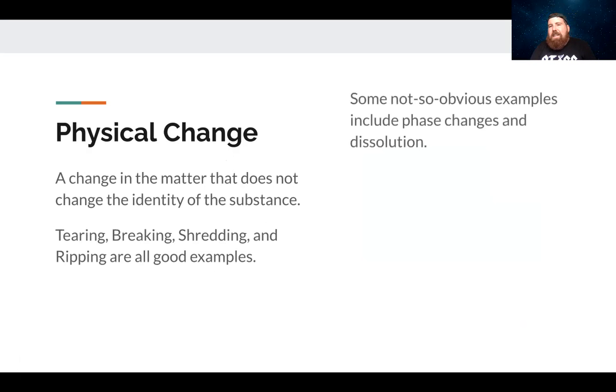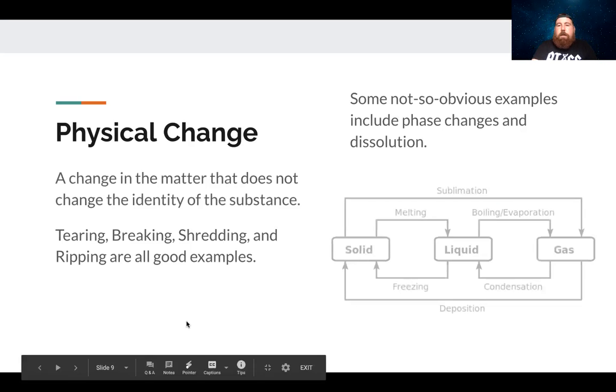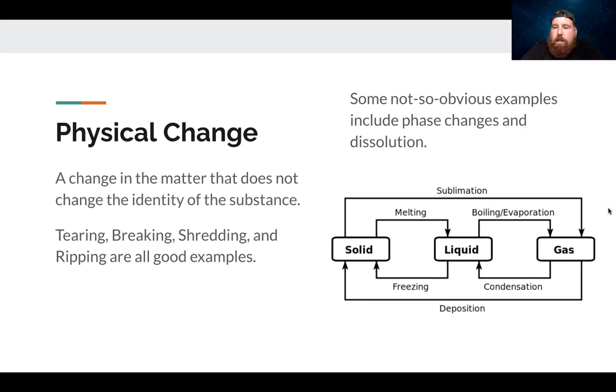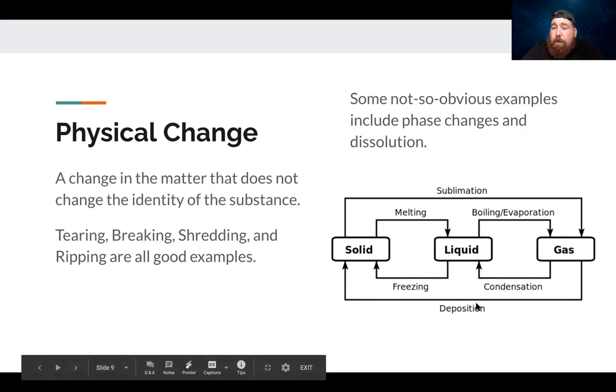A less obvious example is phase changes. So changing from solid to liquid or liquid to gas. These are examples of physical change. You should be very comfortable with the different names for moving between solid, liquid and gas, so melting, boiling, all of these words here, and the direction in which they go.